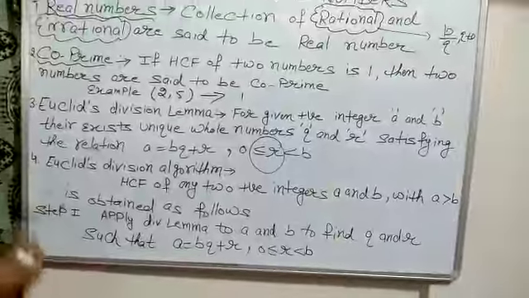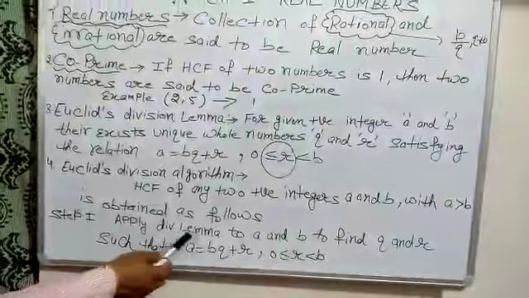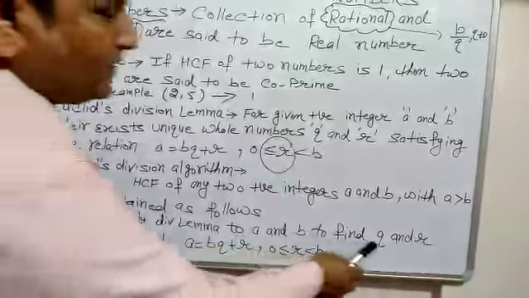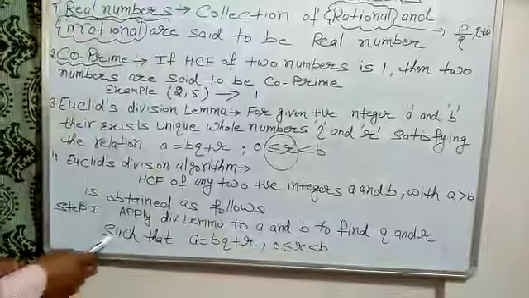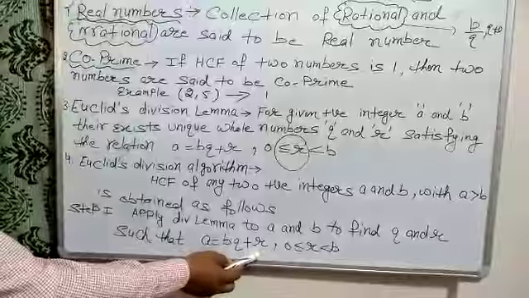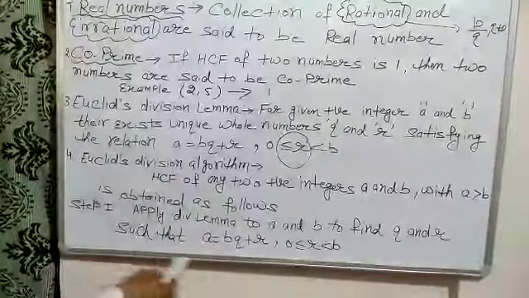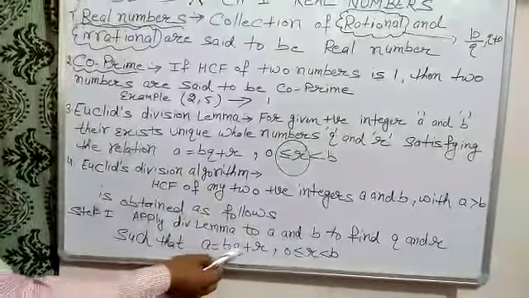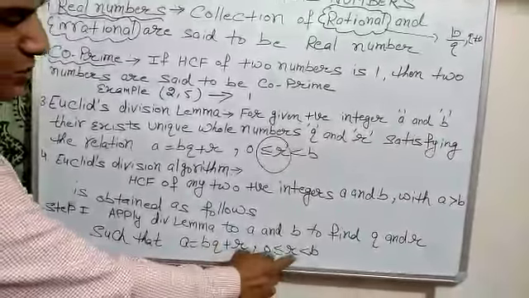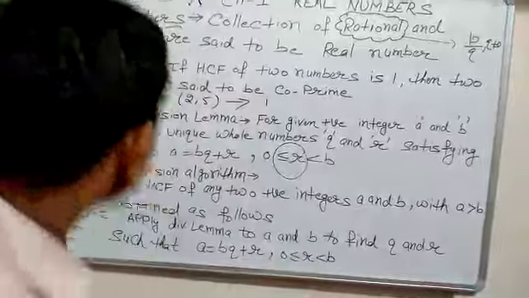Step number 1: apply the division lemma to a and b to find q and r such that a equals bq plus r, where 0 is less than or equal to r, less than b.